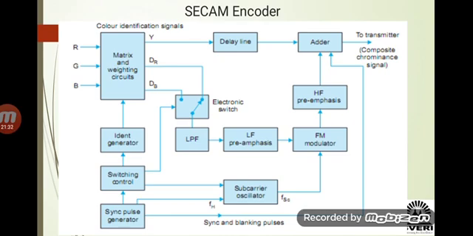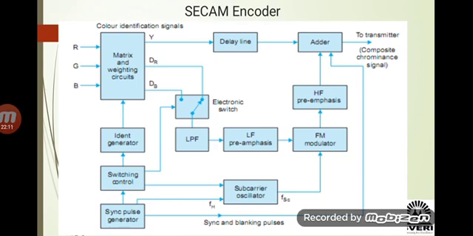In the color subcarrier we go for quadrature modulation, which means both the color difference signals are transmitted on a single carrier, while in SECAM, whenever we combine two signals on the same carrier, obviously there may result some kind of phase shift error, and in order to eliminate that, SECAM ensures that if the carrier is single, there has to be a single modulating signal only, and that way the phase shift error problem has been completely eliminated.